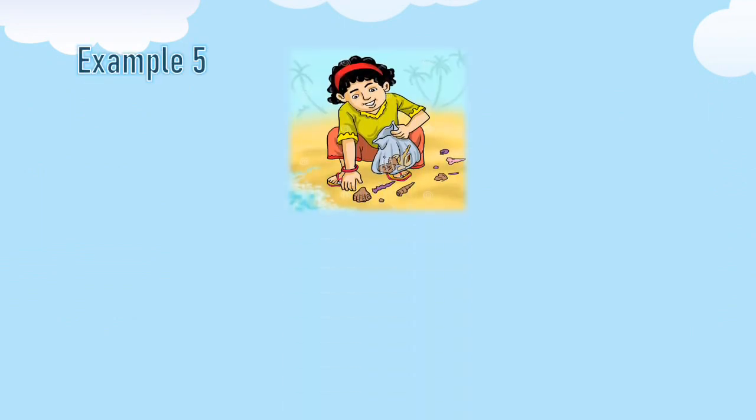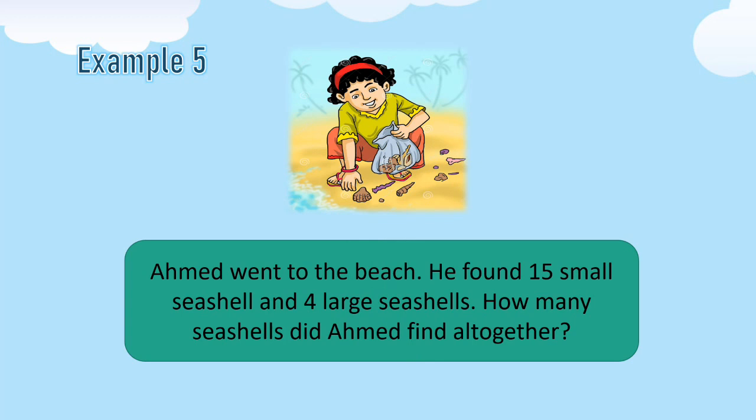Here's example 5. Ahmad went to the beach. He found 15 small seashells and 4 large seashells. How many seashells did Ahmad find altogether? Here I have created an addition story.